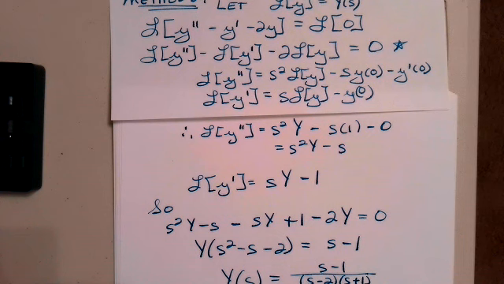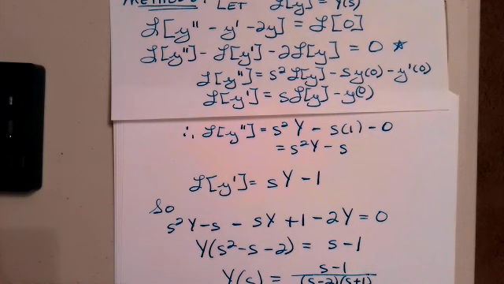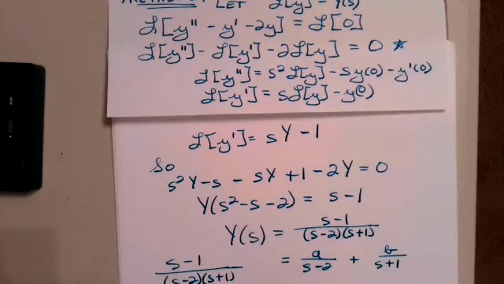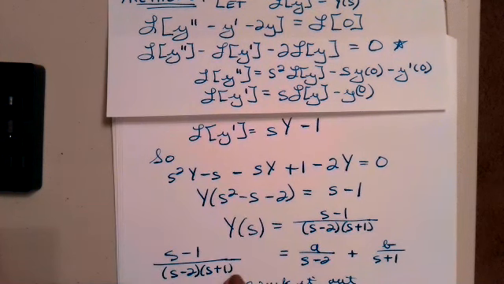Okay. And now if you wrote that out as two separate things, if you tried to write this out in terms of partial fractions, A over s minus 2 plus B over s plus 1, and work it out. To work it out, you just multiply through by the denominator.